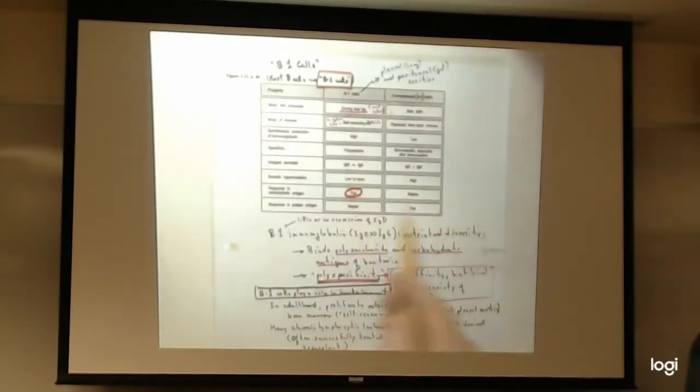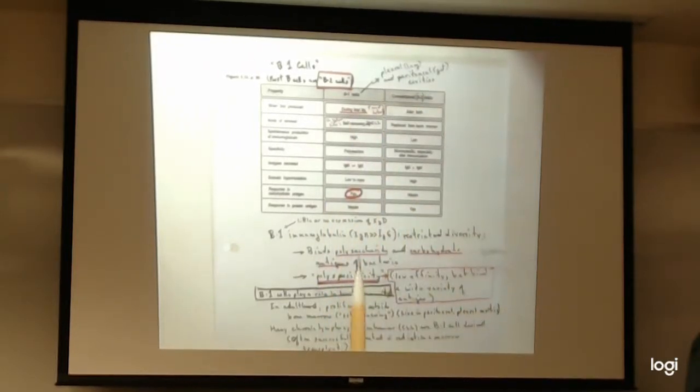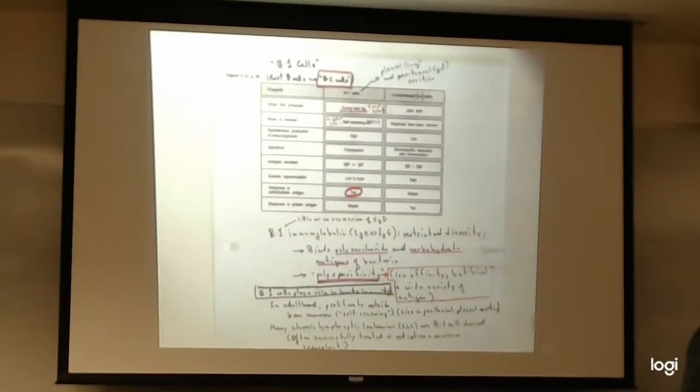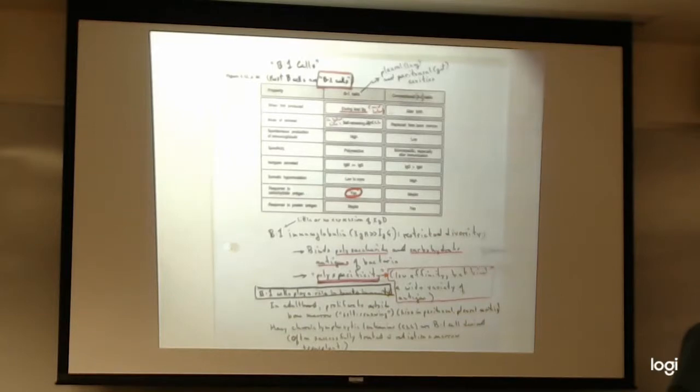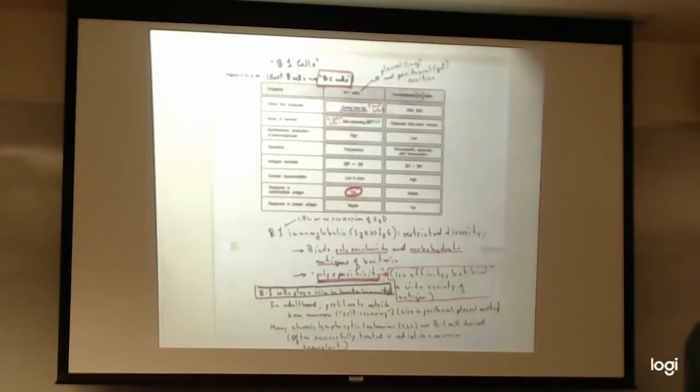And here's a little table that summarizes basically what we've been saying. If I ask you questions about B1 cells, you'll just remember that they're a little bit more primitive. They secrete basically pre-made types of antibodies that recognize bacterial antigens.